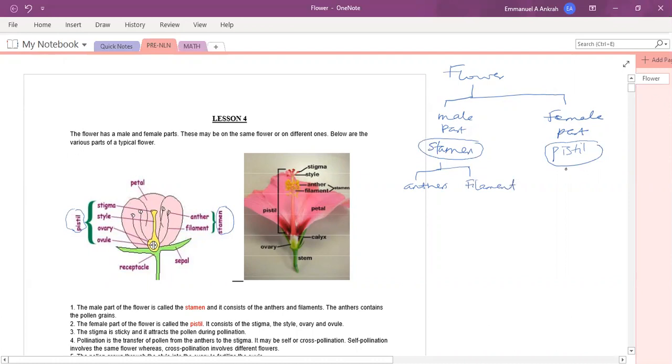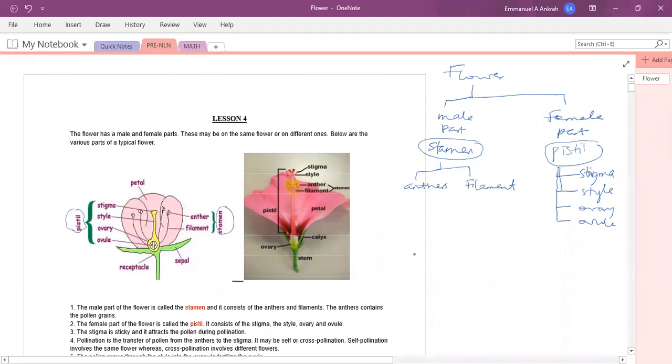And the female part, you have the stigma, the style, the ovary, and then the ovule.